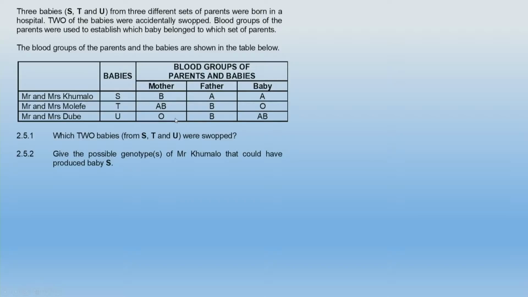And also in this case, this mother cannot have an AB baby. So these two babies are swapped. So just to show you how they ask or evaluate blood groups in genetics in paper 2. Different questions on that one.